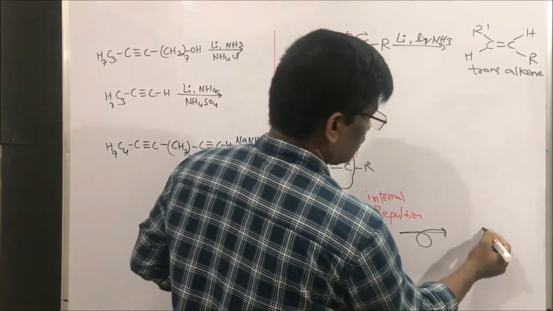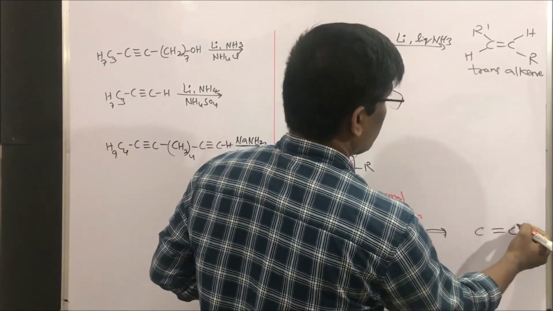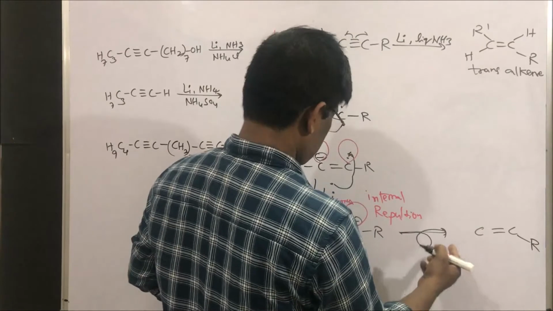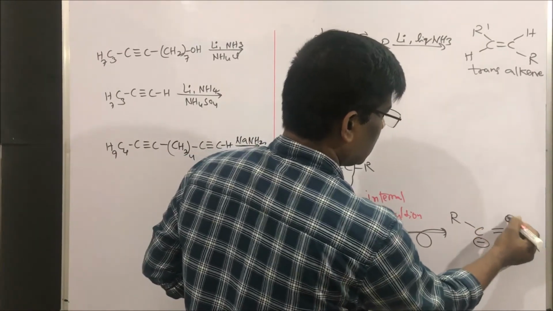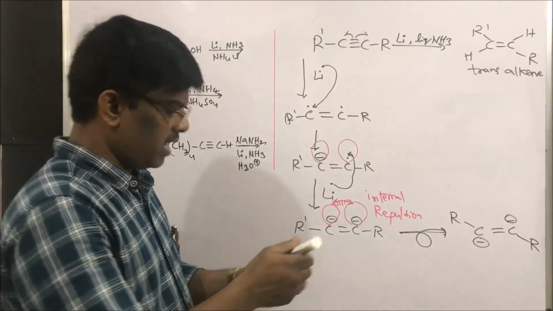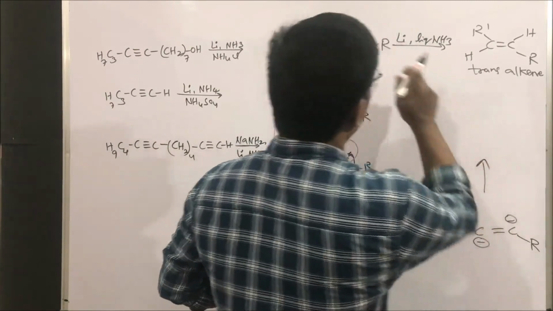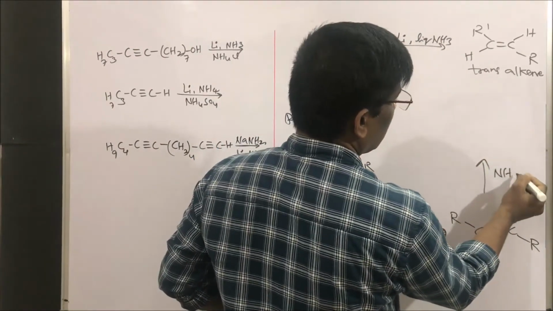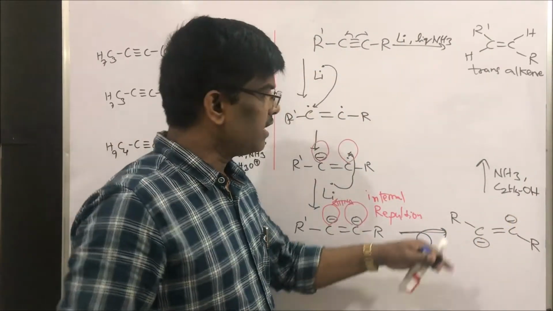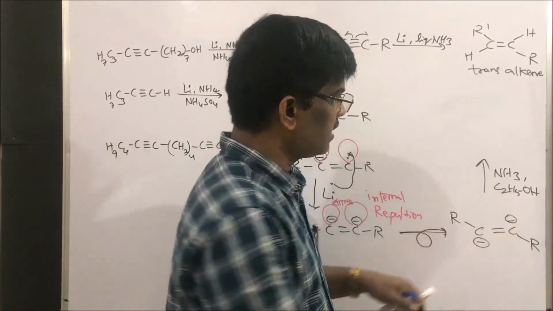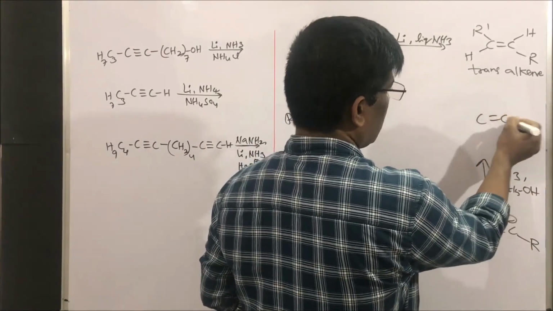Yes students, so double bond, C, R and R prime, here an ion, and here an ion. Now what is happening? Either from ammonia, or if we use C2H5OH, that is alcohol, it is going to take up the OH hydrogen from here to get this trans alkene.